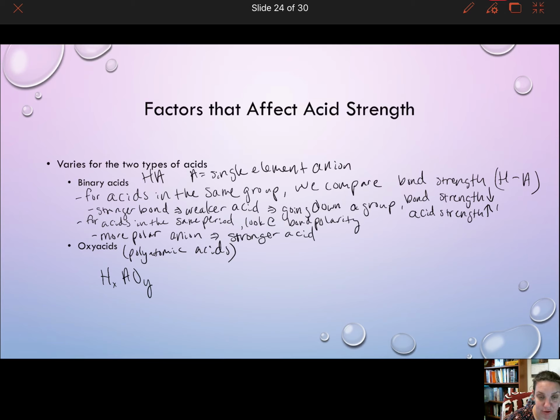Sometimes we have two hydrogens, sometimes we have one, sometimes we have three, and then we have varying numbers of oxygens between 2 and 4. So we look at the electronegativity of the A atom. The more electronegative, the stronger the acid, because we're pulling electron density away from the oxygen, which then pulls electron density away from the hydrogen, making it easier for that hydrogen to leave as a proton.